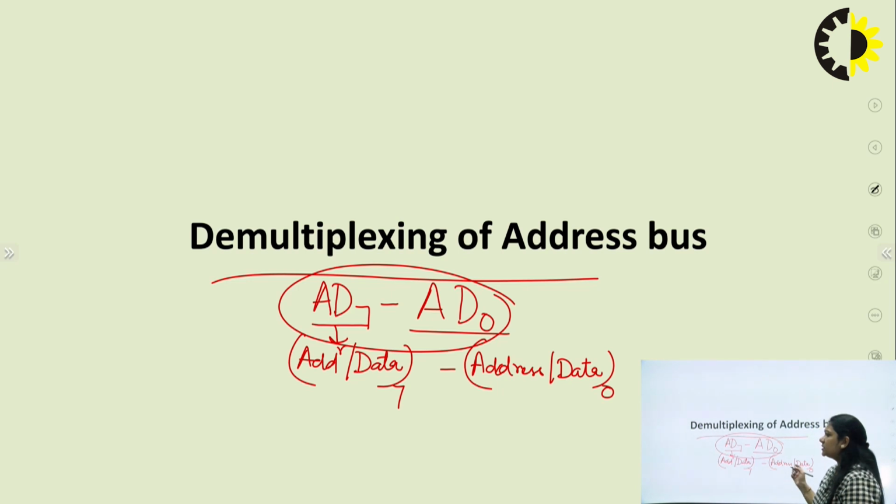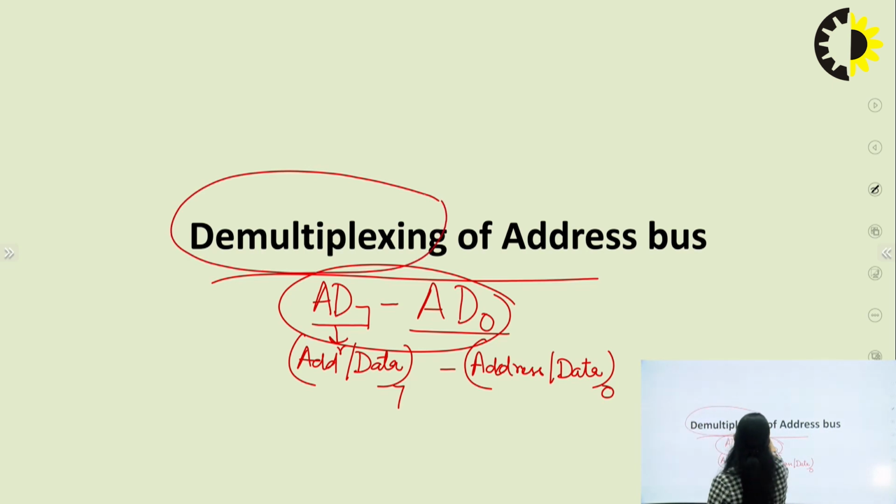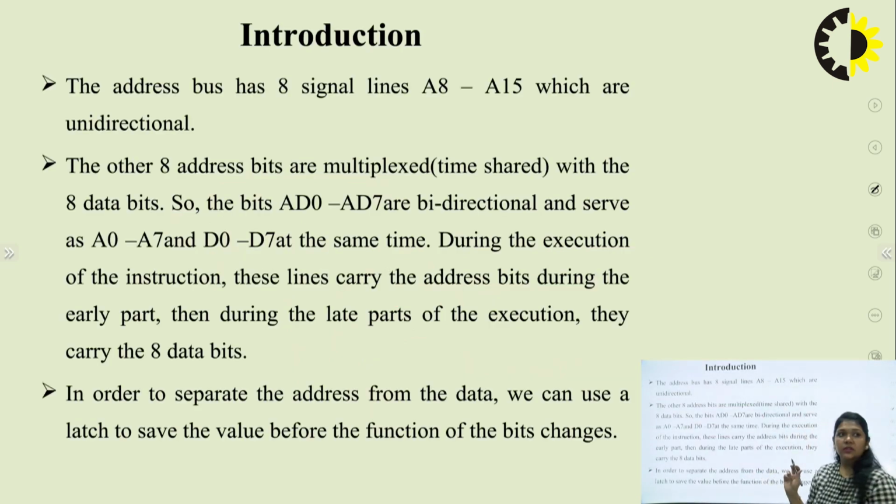Earlier we discussed these are time shared, or we can say multiplexed. Now we have to learn how to demultiplex them. So the address bus has 8 signals, A8 to A15, which are unidirectional. The other 8 bits are multiplexed, or time shared, with 8 data bits. So the bits AD0 to AD7 are bidirectional, and these can serve as both.